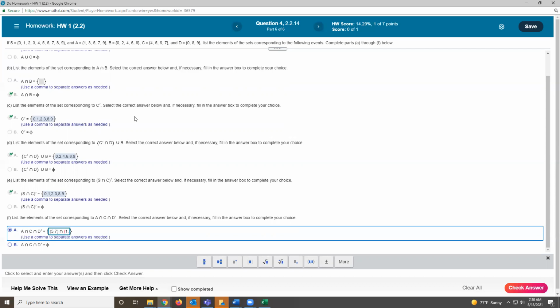Because 1 through 7 are the points that are in S but not in D. So now I have to see what is common in these two, and I see 5 and 7 are common in both these two, this one and this one. So the result is 5 and 7.